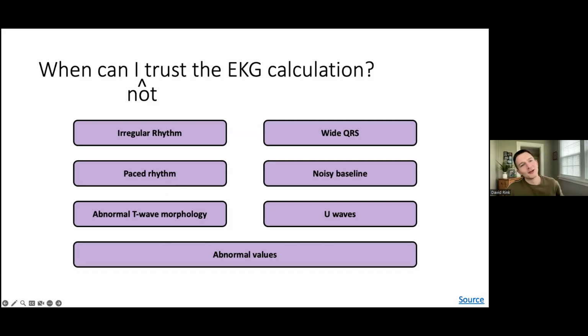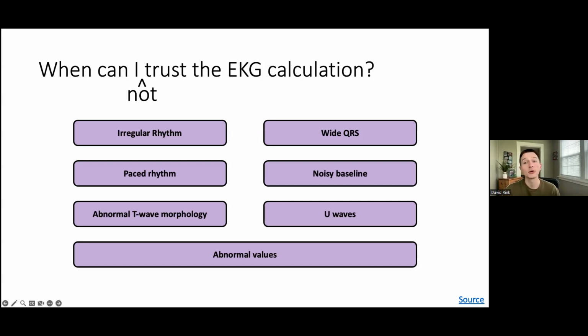So the question often comes up, when can I trust the computer calculation? Or maybe when should I not? I'll say the answer to this really depends on who you ask. Some people, like some cardiologists and electrophysiologists, would tell you you should never trust it. Broadly speaking, I would say that the more normal the EKG is, the more likely the computer calculation of the QTc is to be correct.